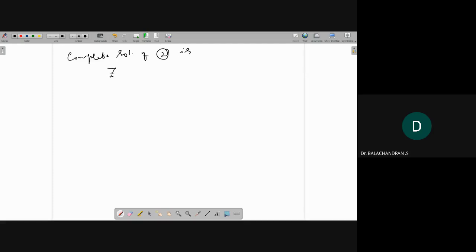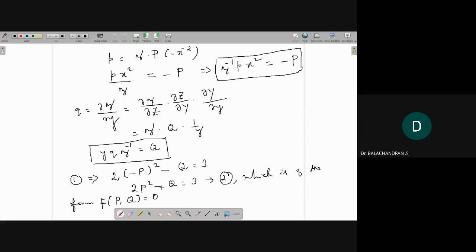Capital Z equal to A into capital X plus B into capital Y plus C, where 2A square minus B equal to 3, because you have 2P square minus Q equal to 3, P equal to A and Q equal to B. So 2A square minus B equal to 3.